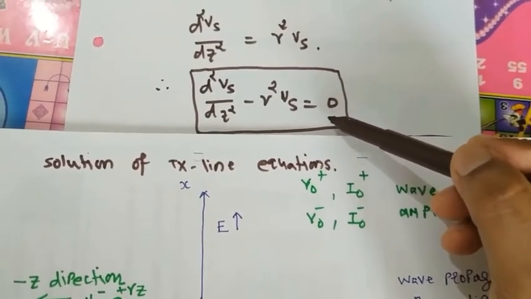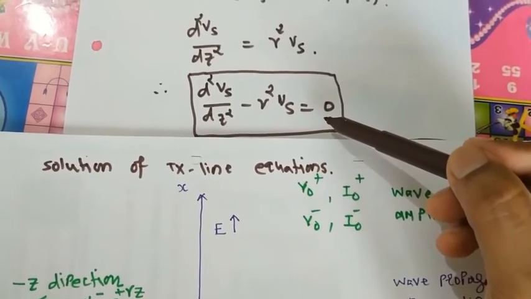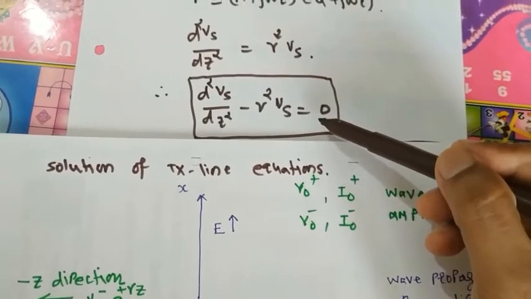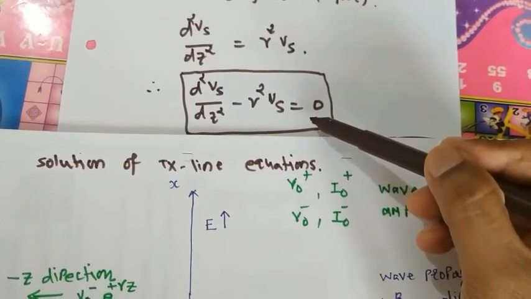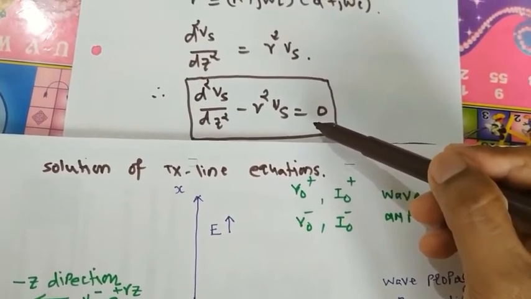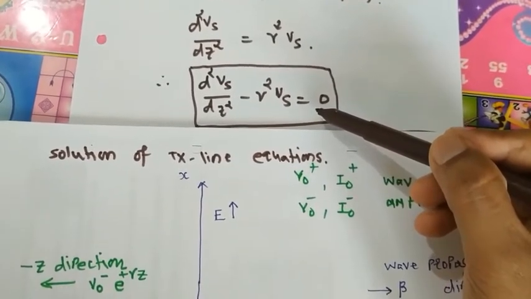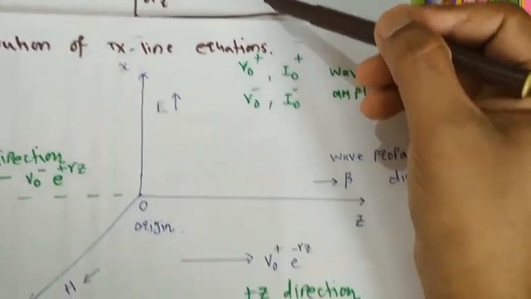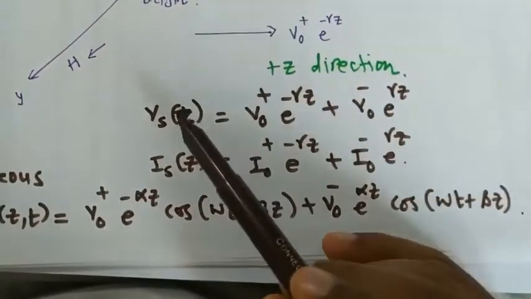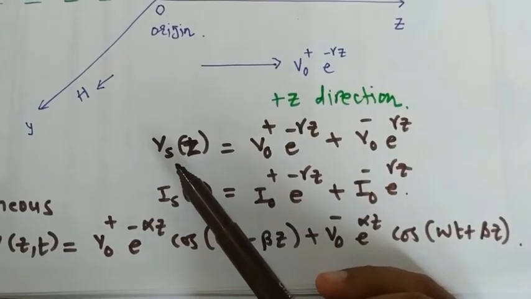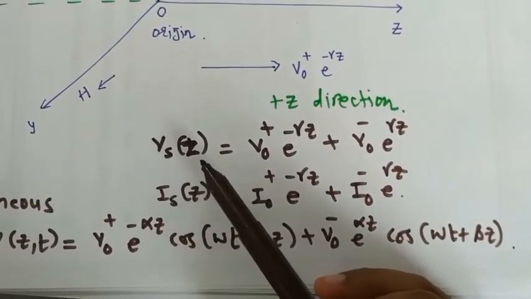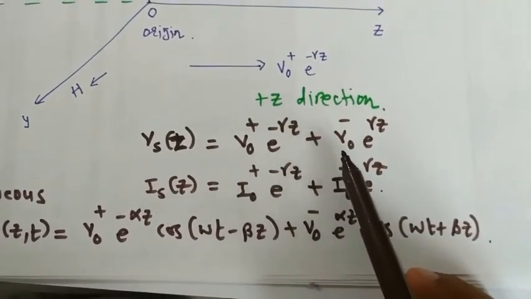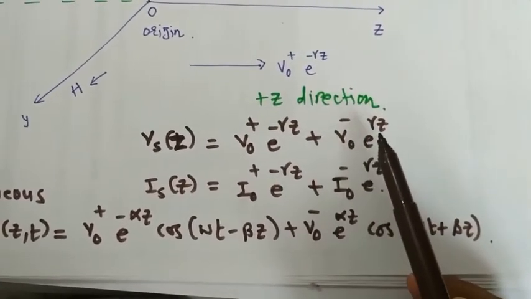As you can see, this equation is a linear homogeneous differential equation, and if we solve it, we will get two solutions. The solution is Vs of z equal to V0 plus e raised to minus gamma z plus V0 minus e raised to plus gamma z.